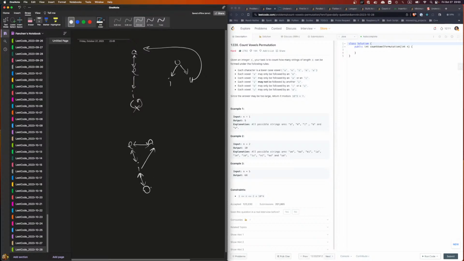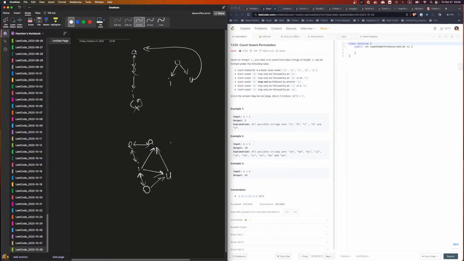And O can only be followed by I or U, and U may only be followed by an A. I can go to E, A, U, O. So it's a rather complex graph.